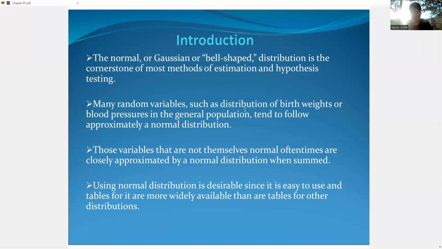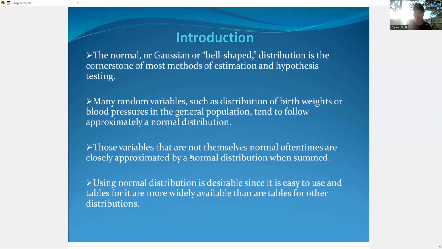All right, so many random variables such as birth weights, blood pressure, and other things tend to follow a bell-shaped curve and approximately a normal distribution. These variables that are not themselves normal are often close enough that we can use the normal distribution to understand what's going on. You'll notice the slide says normal distribution when summed.